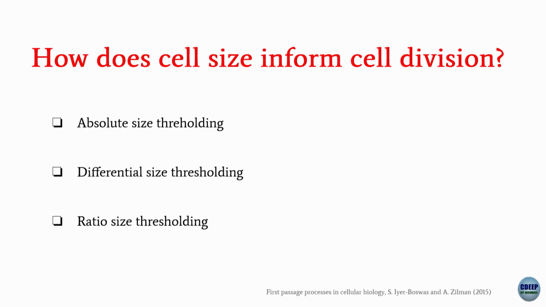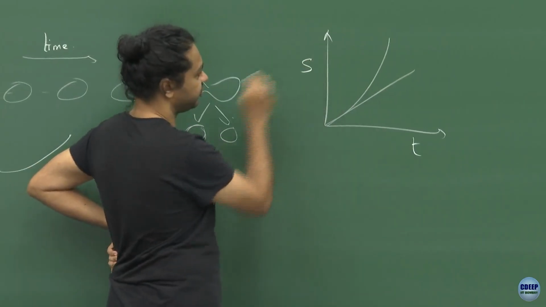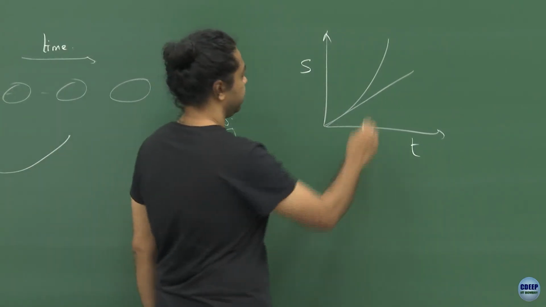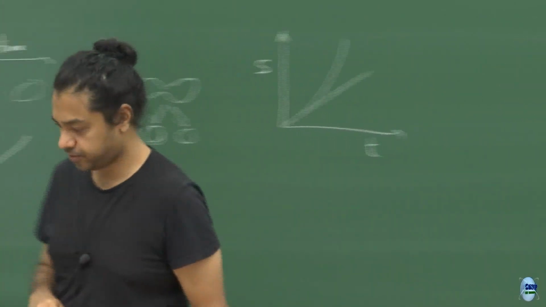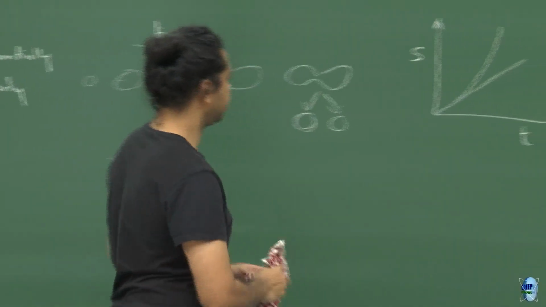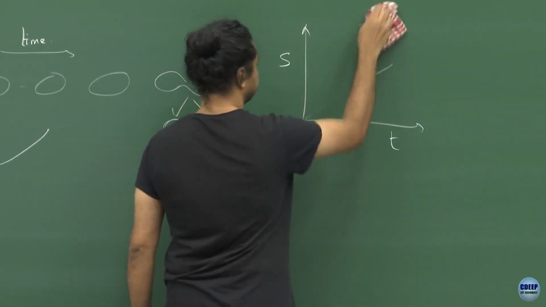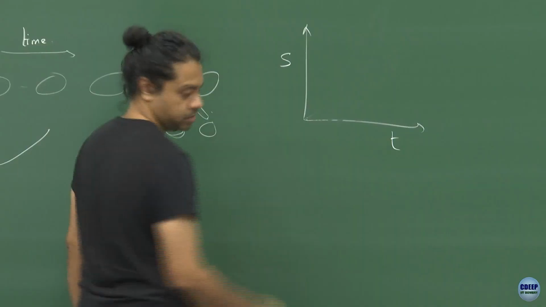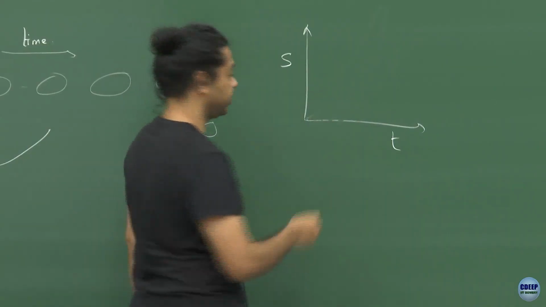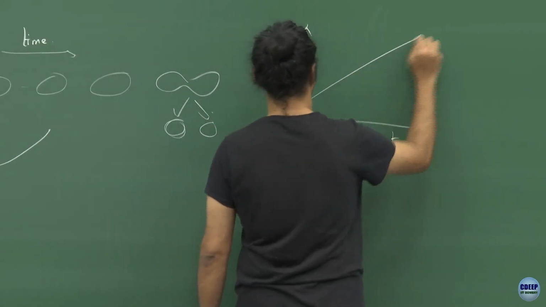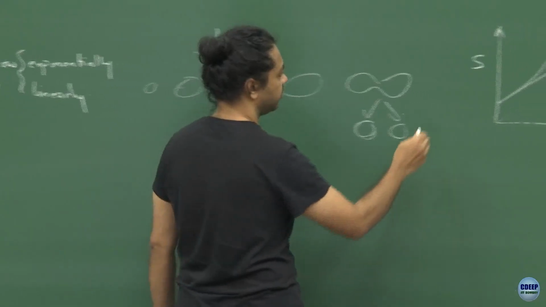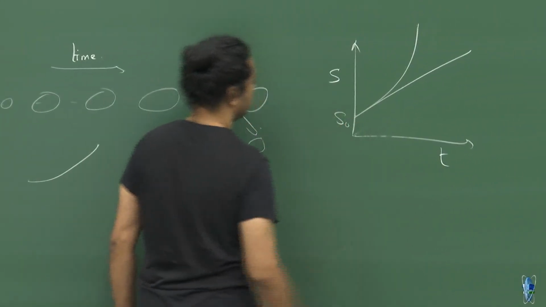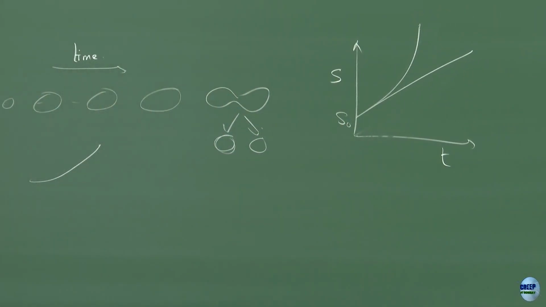So, three things: I have the size as a function of time, and I should not draw like this because it does not start from 0, because when a daughter cell is born, it's born with some size, right, not 0 size. So, let us say it's born with something like this.